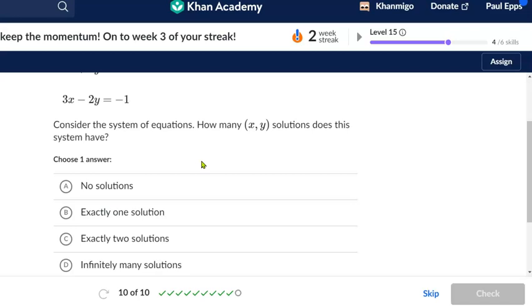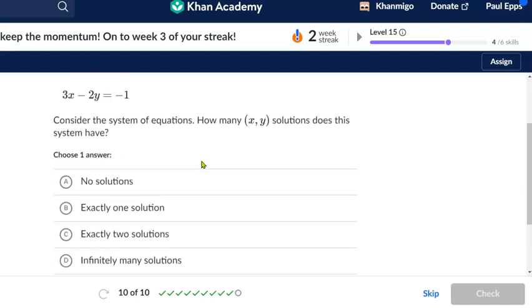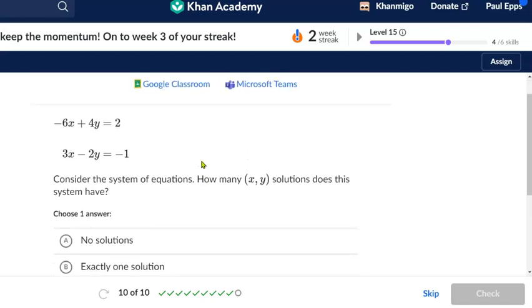If the lines cross each other, there's one solution. And the third solution is that the equations are exactly the same. It's the same line, in which case it has an infinite number of points in common, infinite number of solutions.